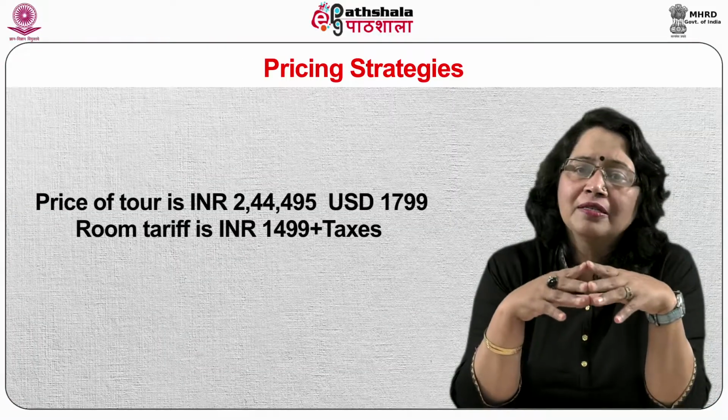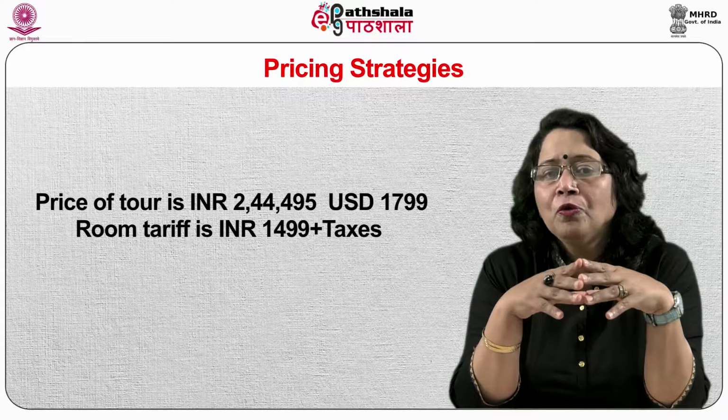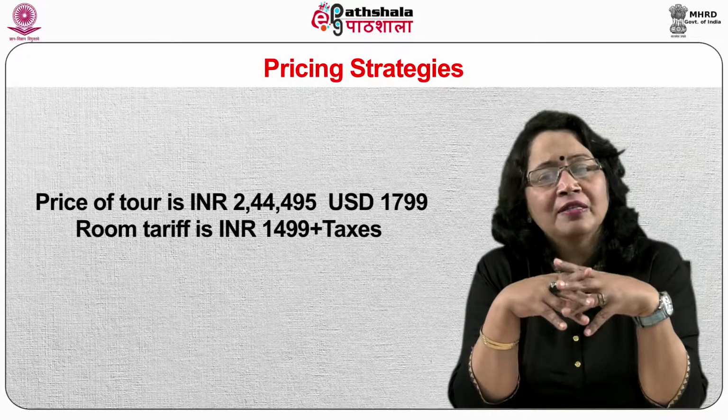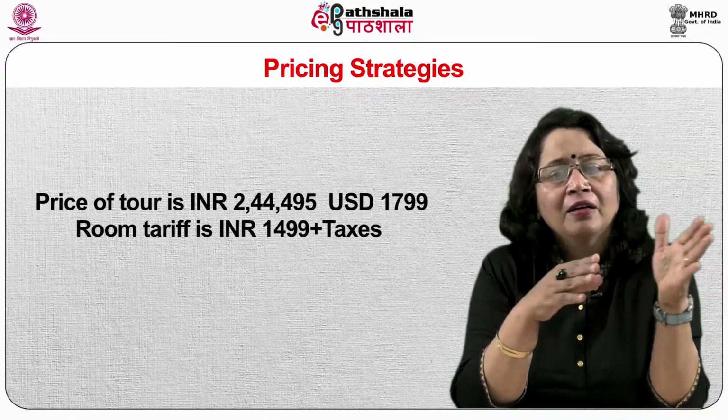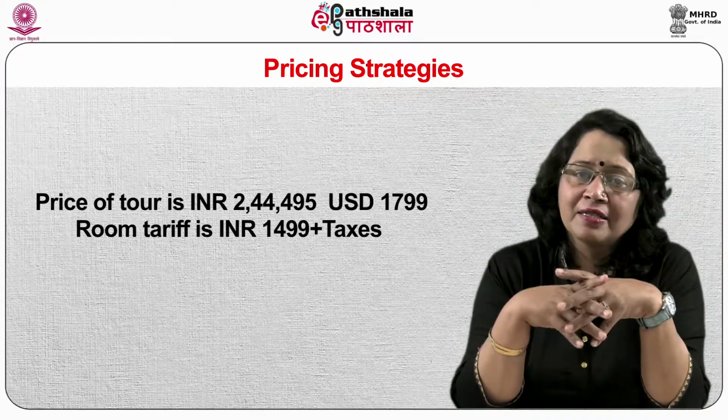Companies make the best use of this psychology of the customers and set their pricing as under. Price of tour is INR 84,499, USD 1799. Room tariff is INR 1499 plus taxes.